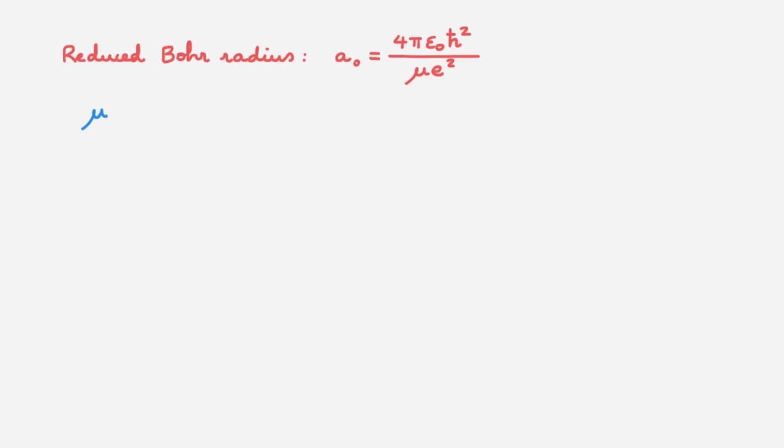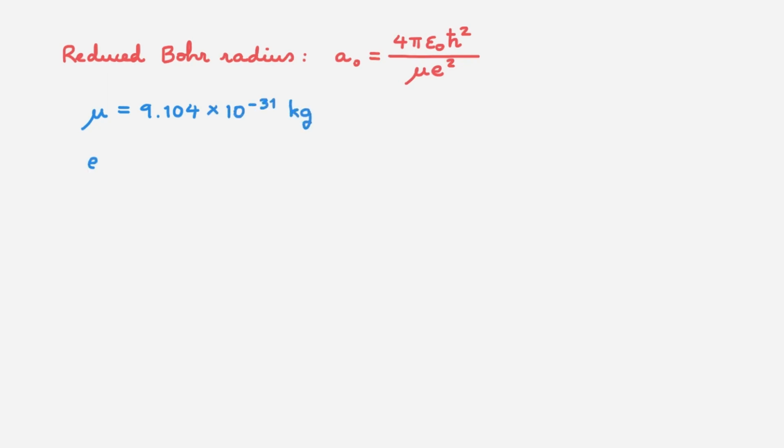Okay, now that we've seen that the reduced Bohr radius has a very important physical meaning, we should evaluate its actual numerical value. Remember the definition of a0 as equal to this expression in terms of fundamental physical constants and in terms of the reduced mass of the proton-electron system. To consider its numerical value, we again need the reduced mass mu, which we said earlier is equal to 9.104 times 10 to the minus 31 kilograms.